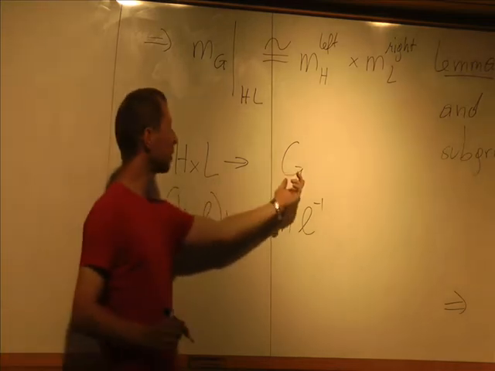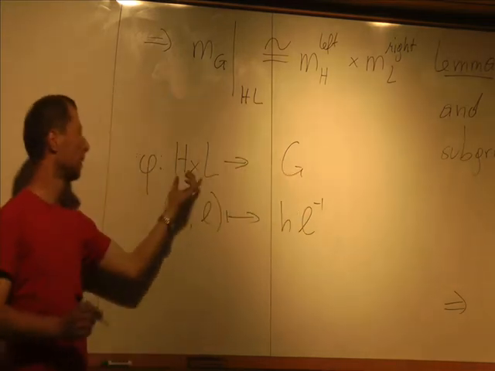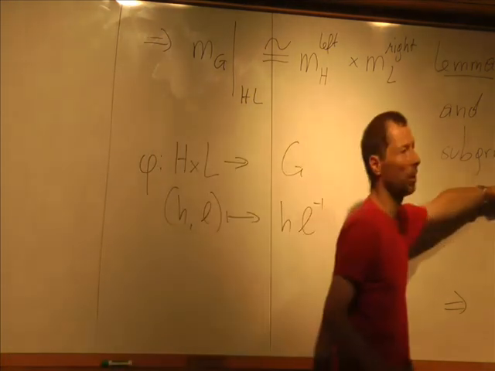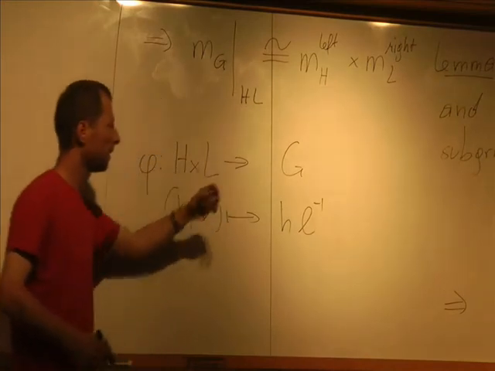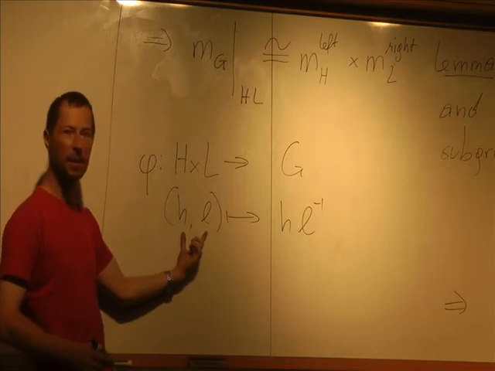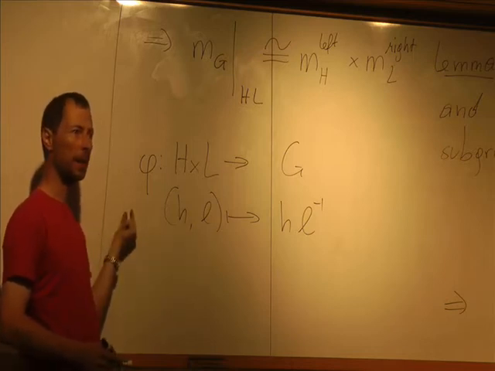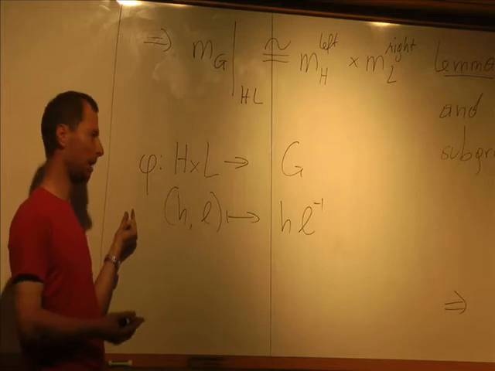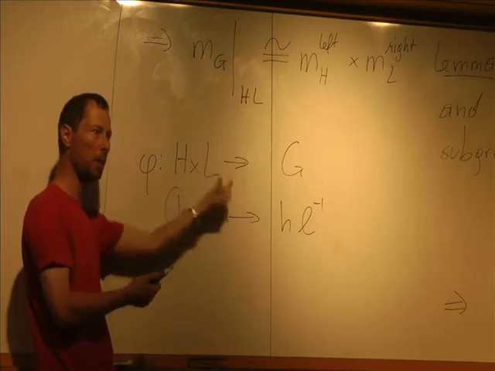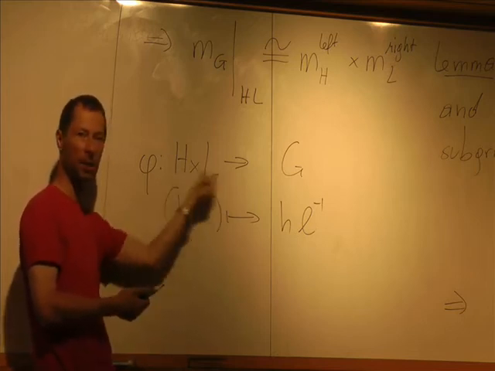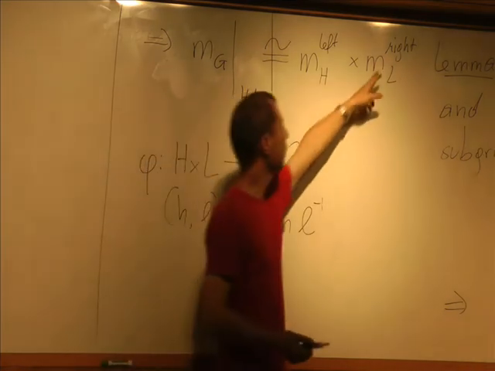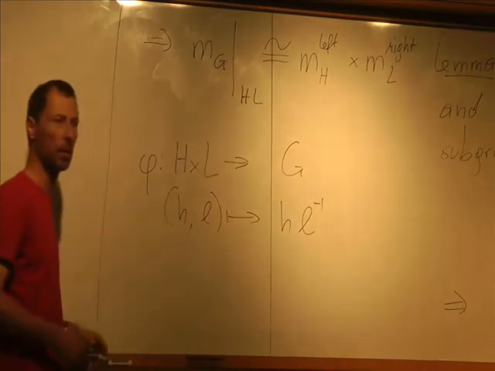And now I take the Haar measure on this positive subset and pull it back to H cross L, which I can because it's bijective by assumption, so it's not difficult to pull it back in the nice category. What I get is a measure that's left invariant and nice. But I know what the left Haar measure is on the product of two groups. It's the product of the two left Haar measures. And this l inverse makes the left Haar measure on L into the right Haar measure on L, and that's the proof.